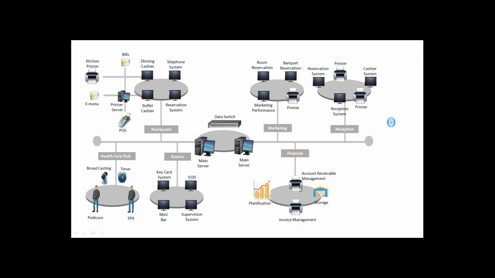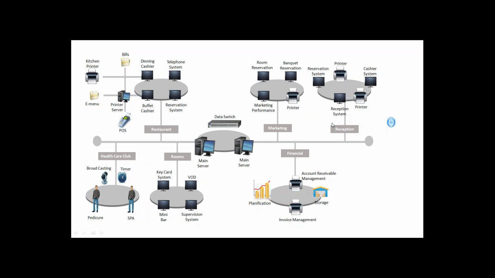A real hotel system is really very complicated, and this is exactly why they use software to realize a unified management. As you can see here, they have several departments: the restaurant, the healthcare club, rooms, marketing, financial, reception. Everything is here.